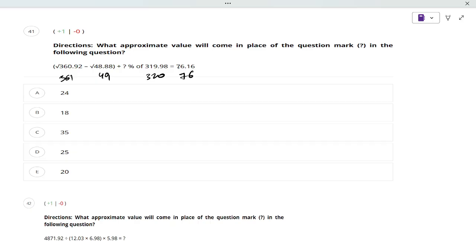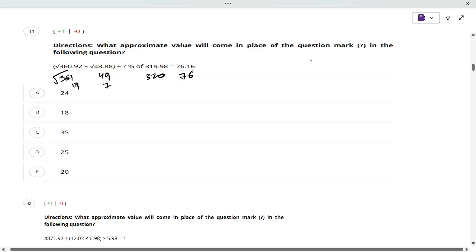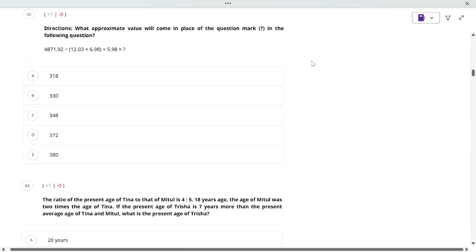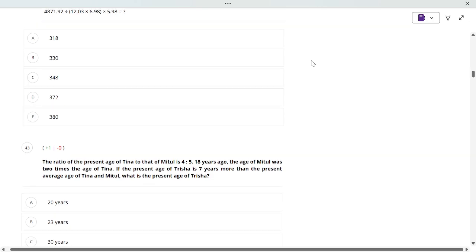So you're going to give 1 to the left side, right? So it's very easy. 361 is the square root of 19. We know we have 7 here, so you can solve this one. Well, you can try it and give the answers in the comment box.